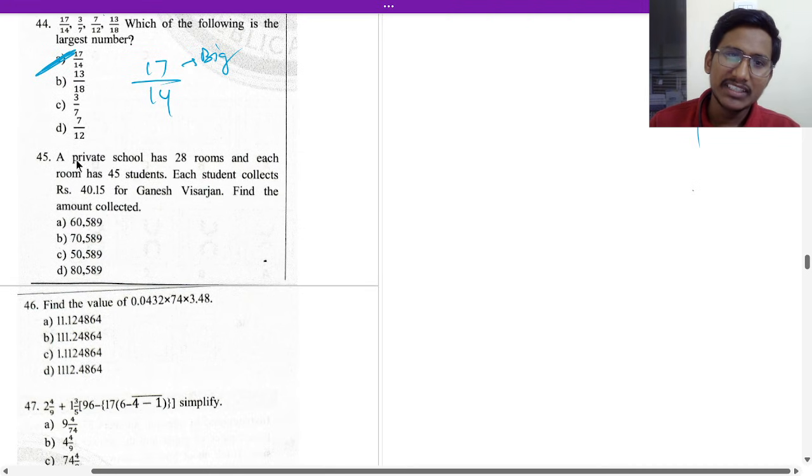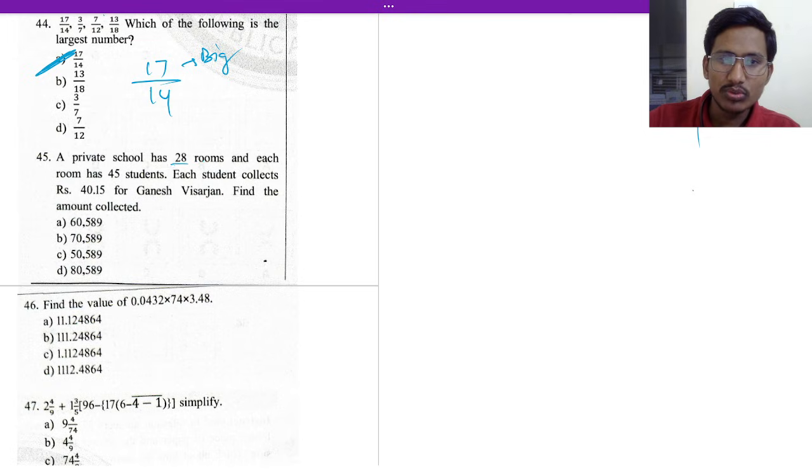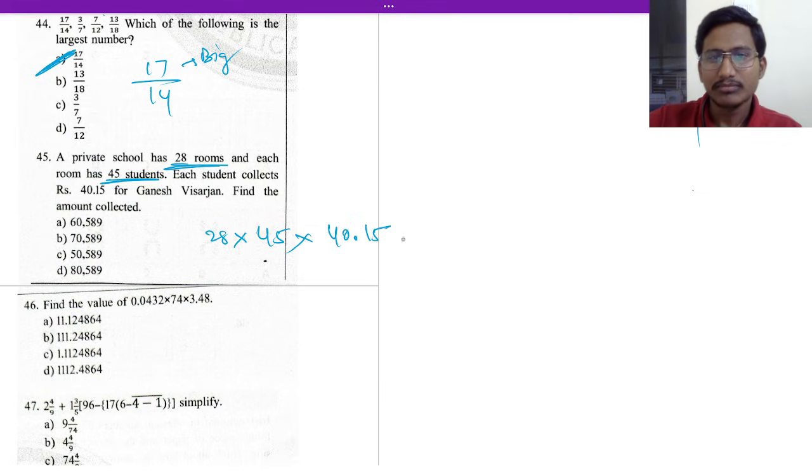So 45. A private school has 28 rooms and each room has 45 students. Each student collects 40.15 rupees for Ganesh Visarjan. Find the amount collected. So 28 rooms are there, so 28 into 45 students into 40.15. So we have to multiply all of them.